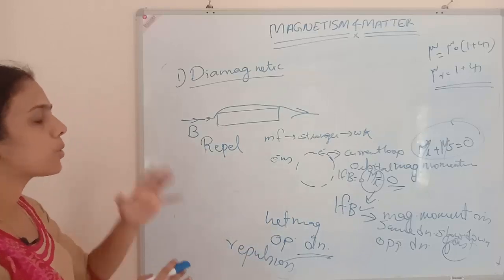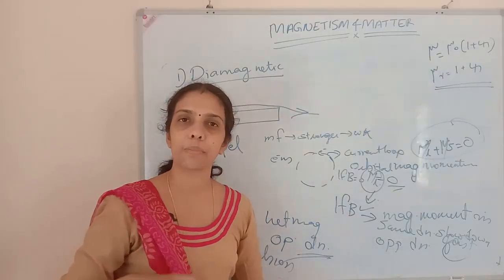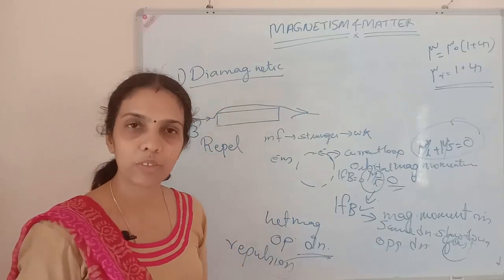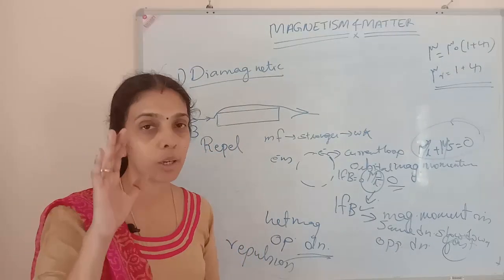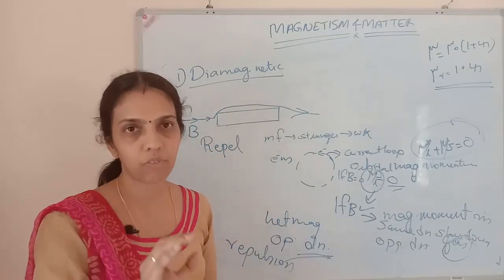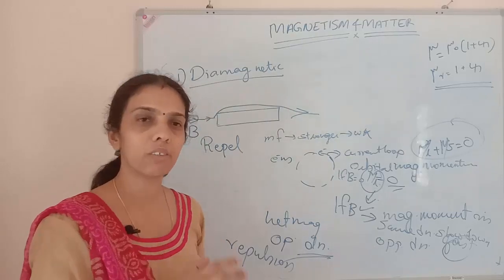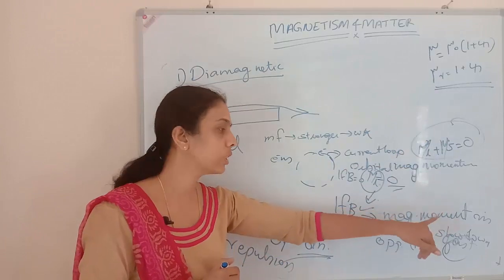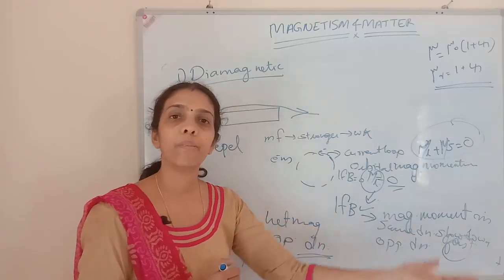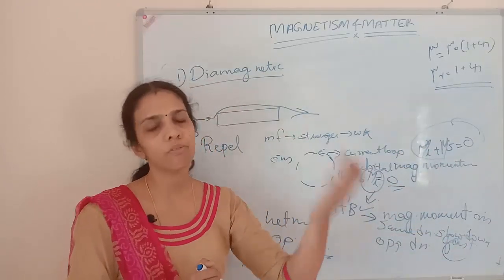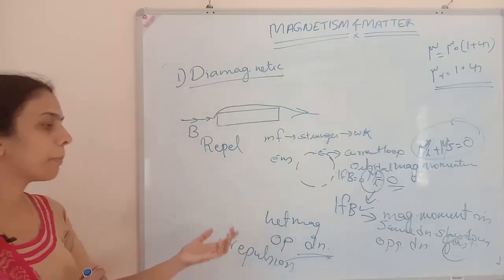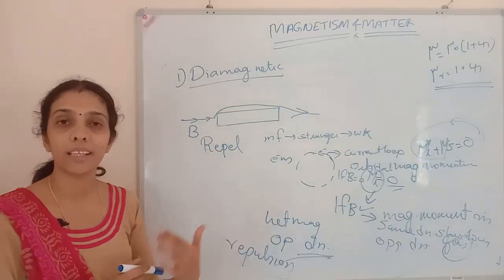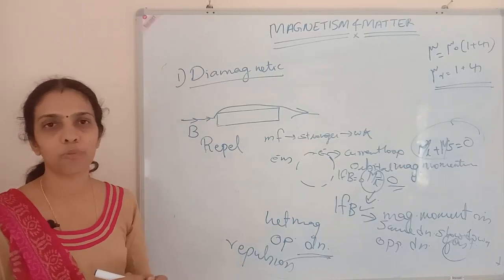Okay, clear? So in the case of diamagnetic substances, the net magnetic moment will be equal to 0 if we are not applying any magnetic field. While we are applying a magnetic field, the magnetic moment in the same direction as the movement of electrons will be slowing down, and the one in the opposite direction will become faster. So the net magnetic moment will be opposite to the direction of the applied magnetic field.